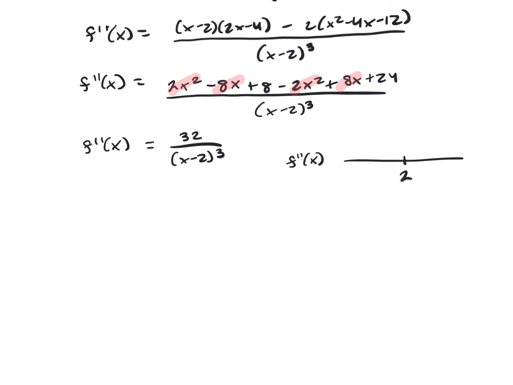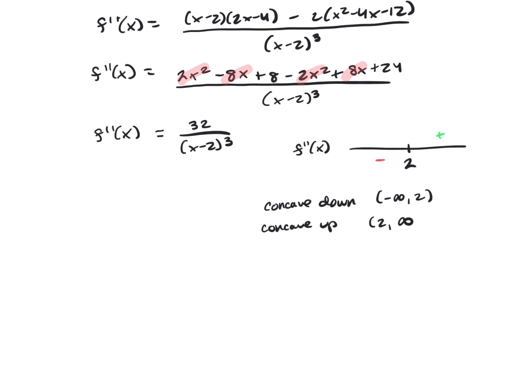So anything to the left of 2, if you plug it in, you will get negative. Anything to the right will be positive. So that tells us that our function is concave down from negative infinity to 2 and concave up from 2 to positive infinity.